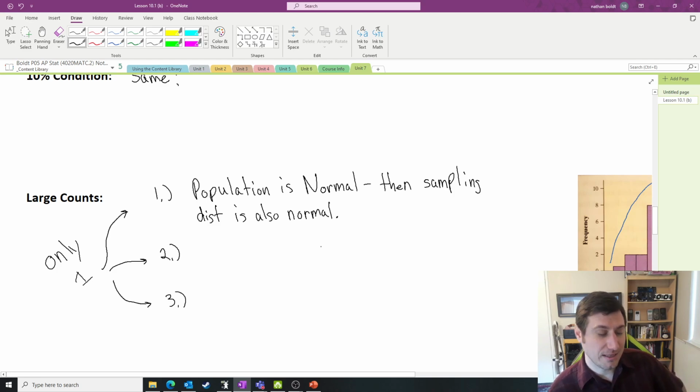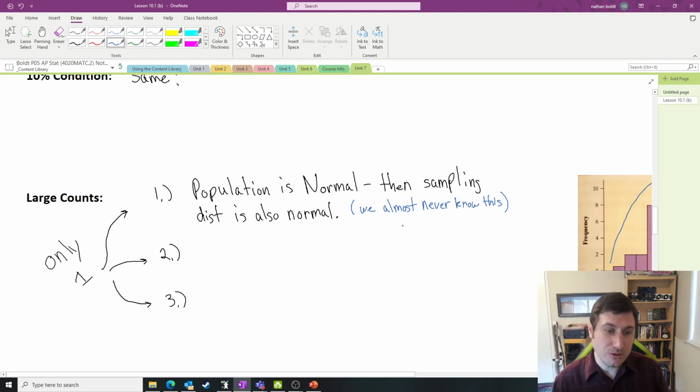We studied that at the beginning of the semester when we did sampling distributions. So we knew that already. Now, sadly, we almost never get to use that one. All right, if we knew something about the population, we probably wouldn't have to do a confidence interval in the first place. So we rarely get to use that one, sadly.